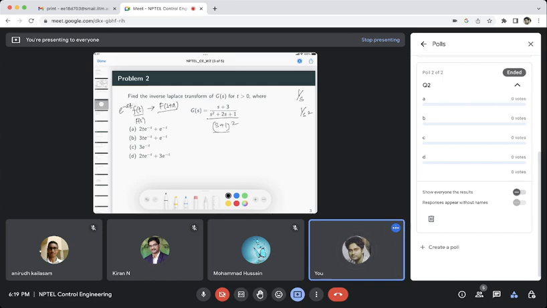So that means if you know the Laplace transform of 1 by s square, then its inverse Laplace transform is t, right? So if some form is like this, it is simply t, but because of this term it will be multiplied by e to the power minus t. Okay, is it clear?